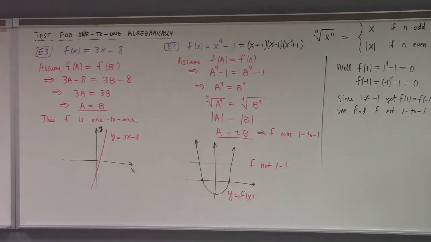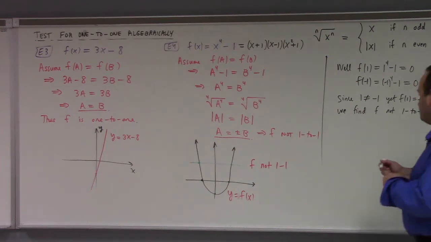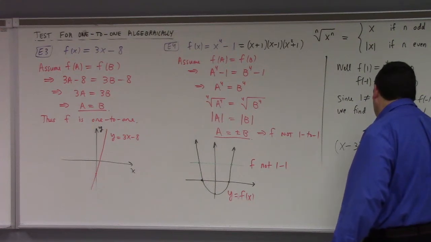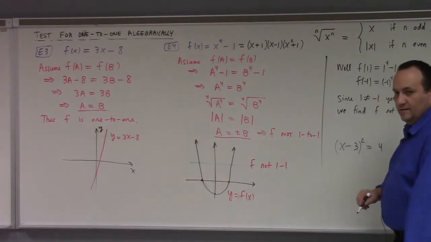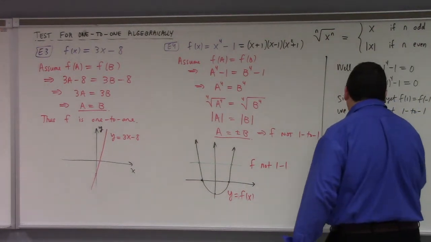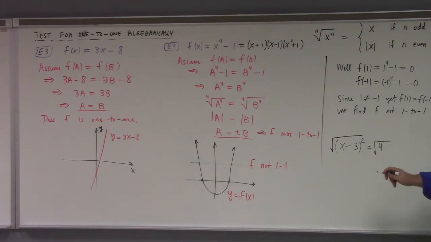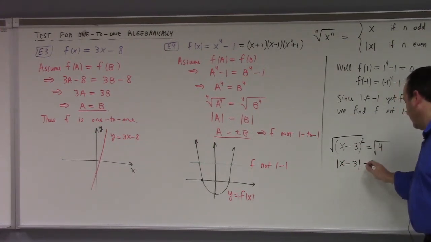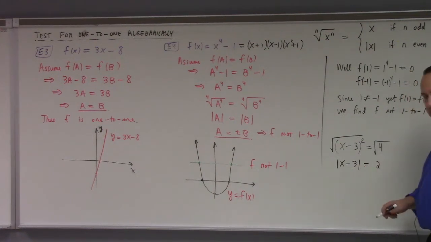But we're always doing this, whether you realize it or not. Anytime we take the square root of an equation, we're really doing this. When you have something like x minus 3 squared equal to, I don't know, 4, and you take the square root of both sides, I don't really advertise this much, but the most logically immediate step says the absolute value of x minus 3 is equal to 2.